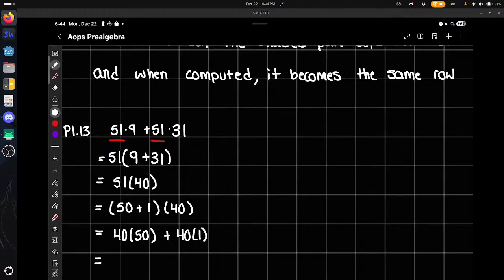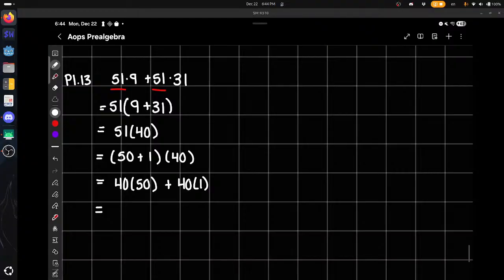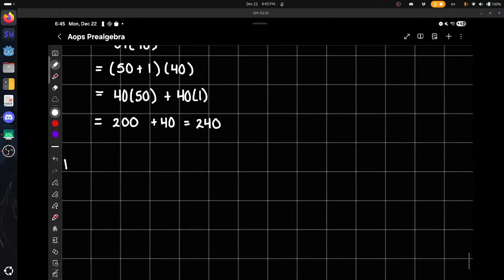Okay, I get it now. They're just trying to explain the distributive property over multiplication. So 200 plus 40, which gives us our final answer, 240. Cool. And then the next problem, 14.